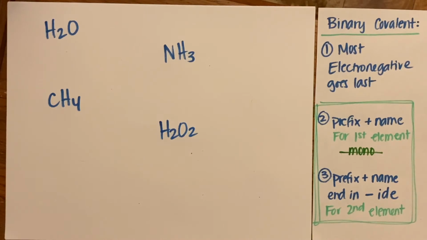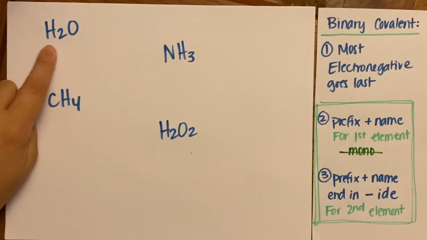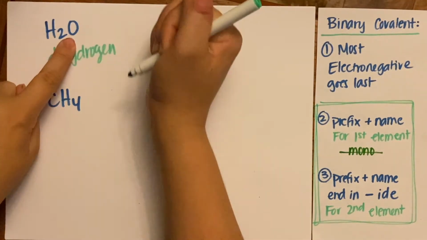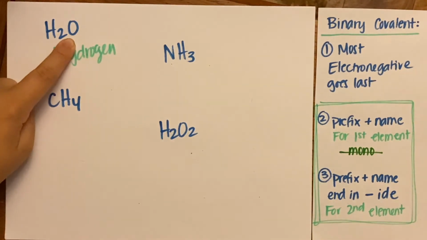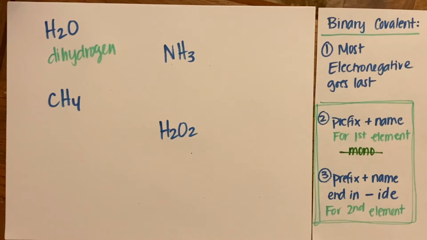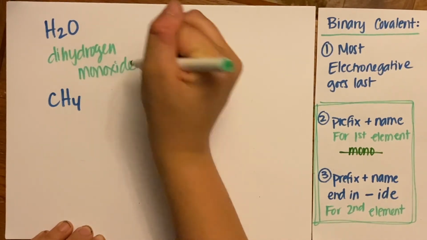All right, so technically, if we are following all the rules, this lovely molecule would be dihydrogen, one oxygen, so this would be monoxide. But monoxide sounds stupid, so we would just say monoxide.